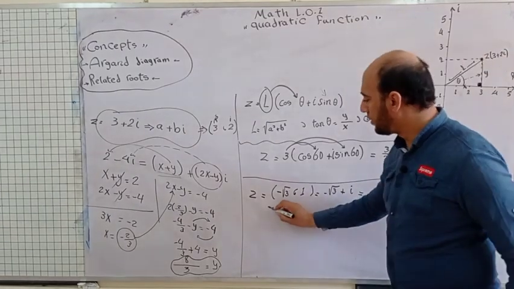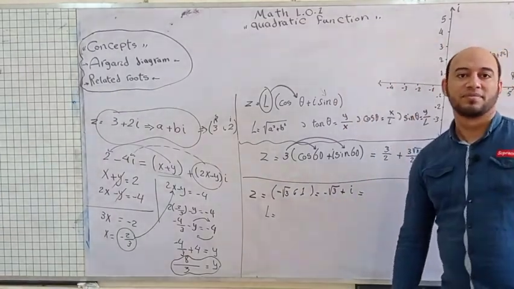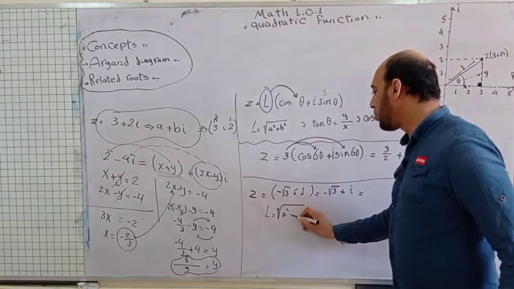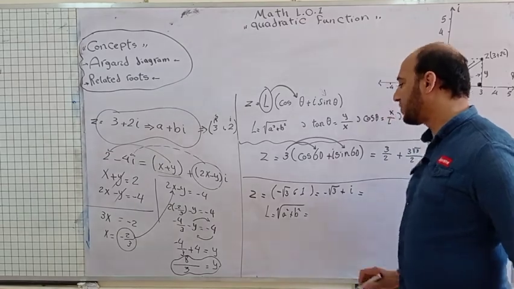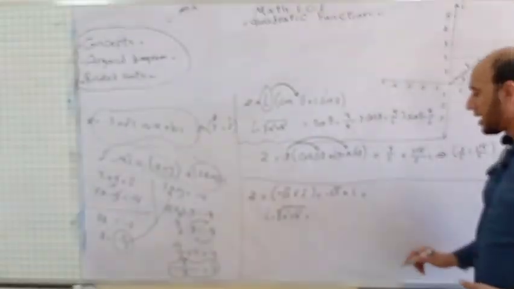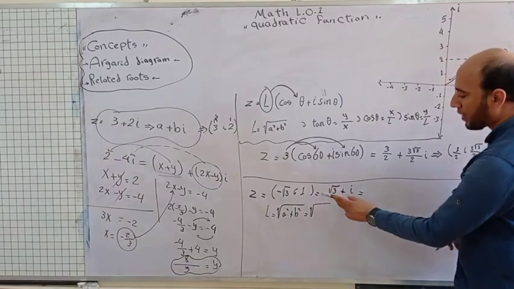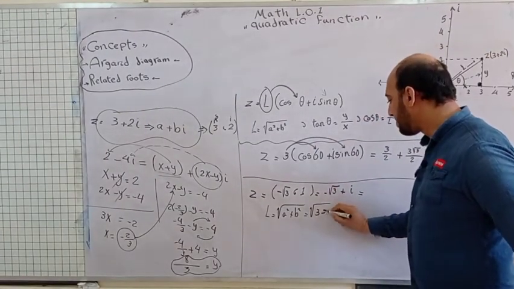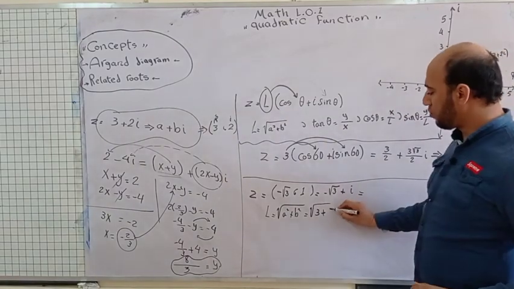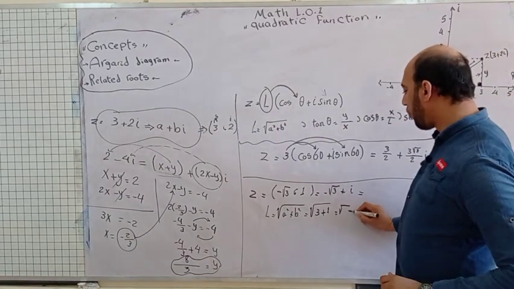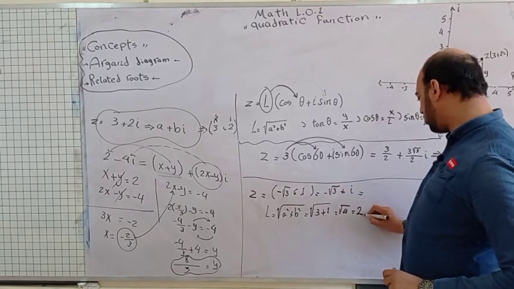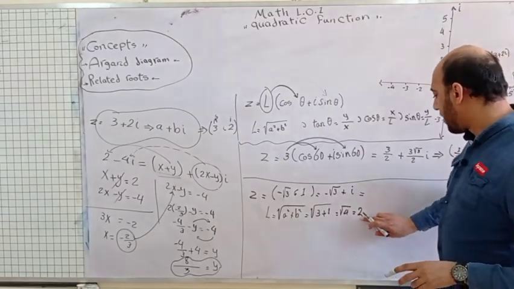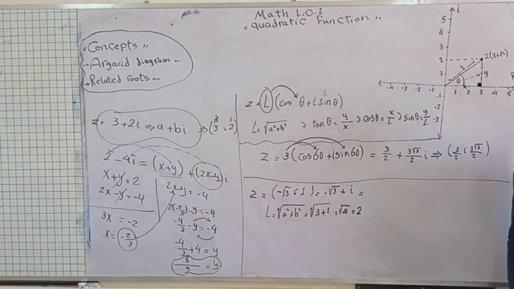First of all, we can get L, the modulus, by this law, square root of a square plus b square, as we said from Pythagorean theorem. Then the square root of minus root 3 squared, it will be 3. 1 squared, it will be 1. Then the root of 4 will be equal 2. The modulus must be a positive number, by the way. Then the modulus here is 2.